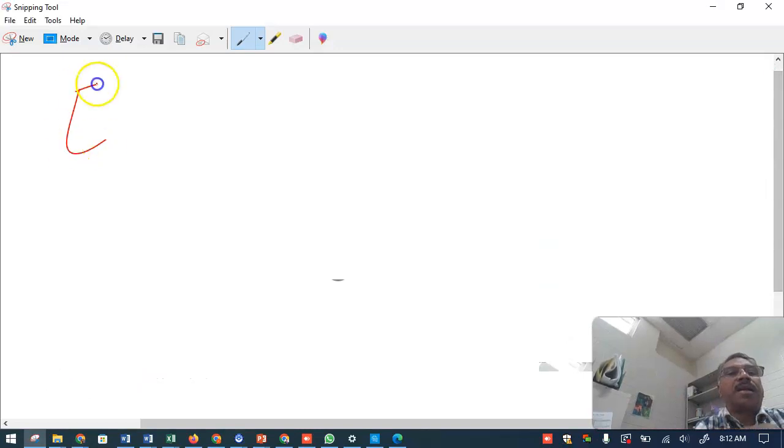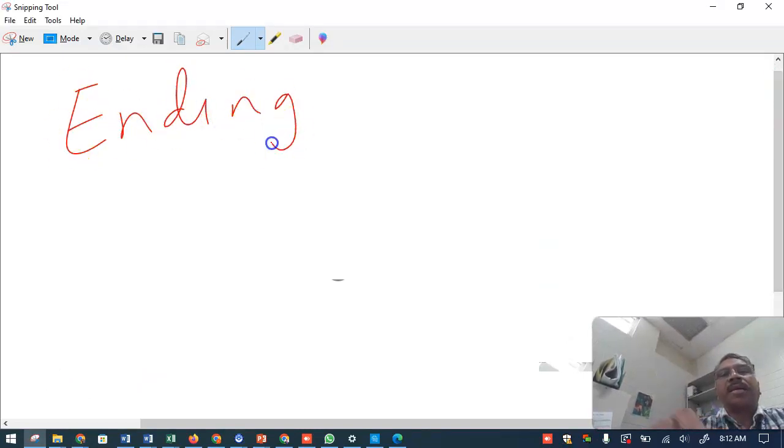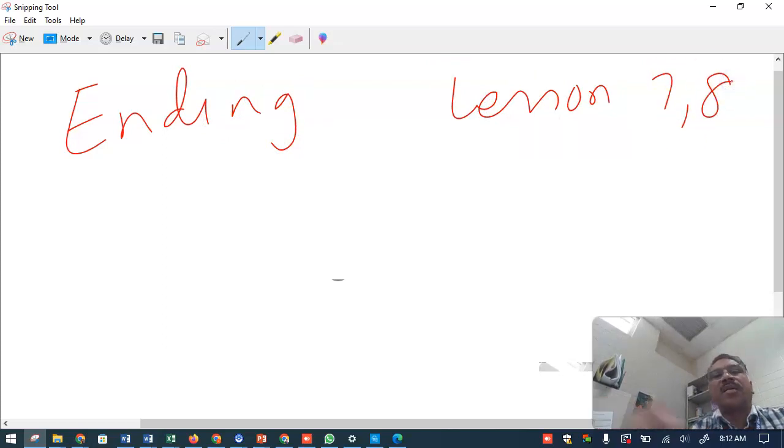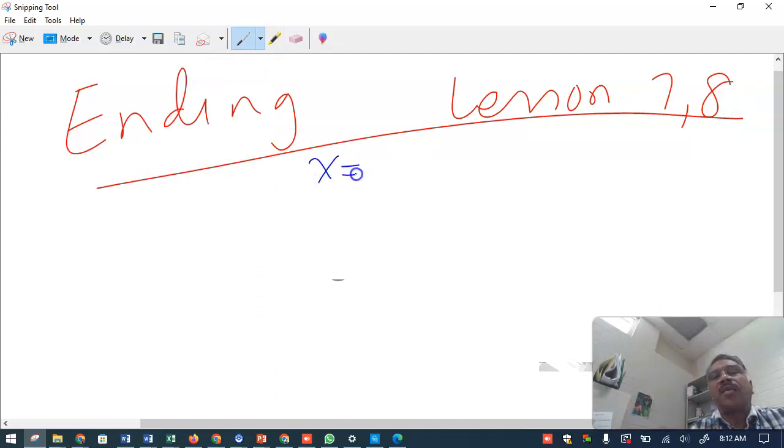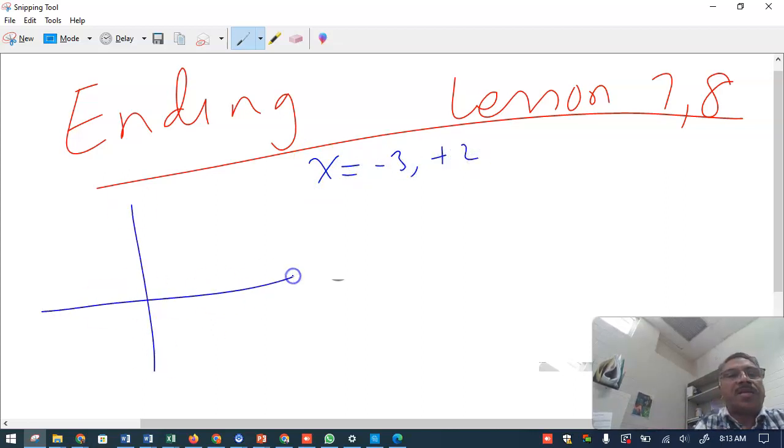So with this, I'm ending the practice problem lessons number 7 and 8, but I just want to wind up. What I'm trying to say is creating a polynomial is the main thing. If I have x-intercepts at minus 3 and plus 2, it means the graph goes through minus 3 and plus 2. And if you multiply, it becomes minus 6.